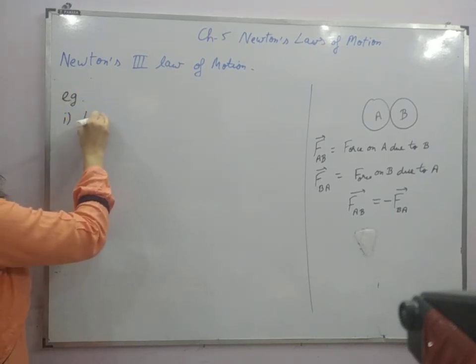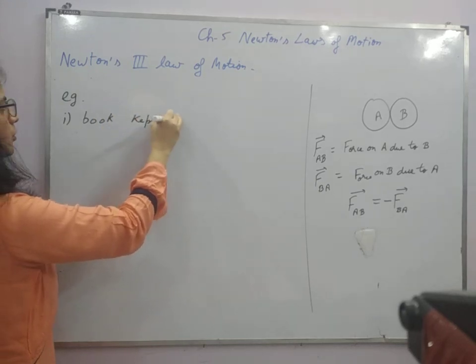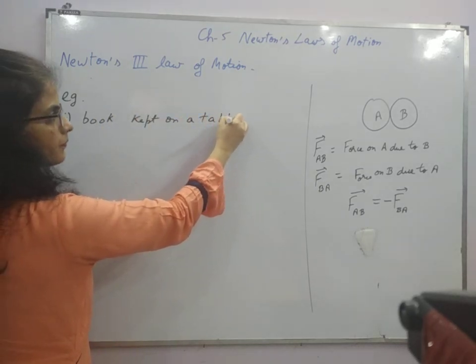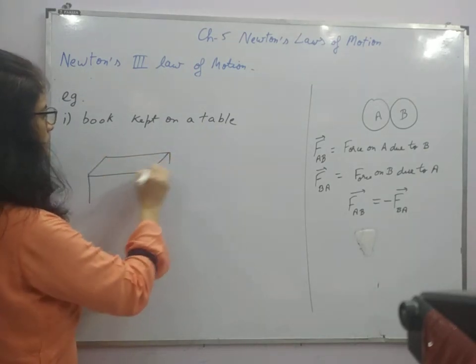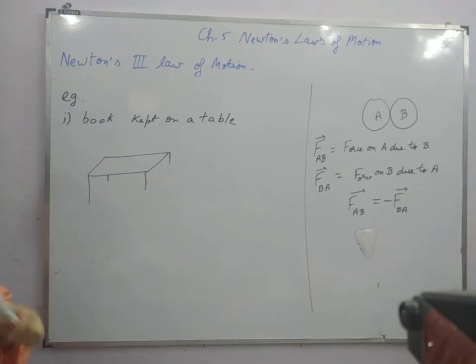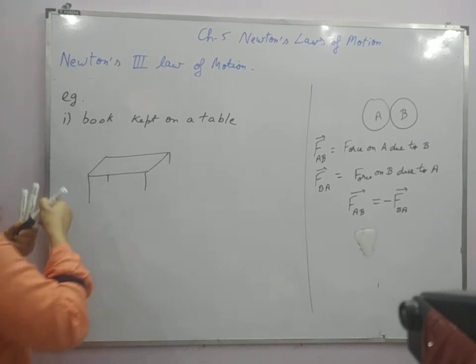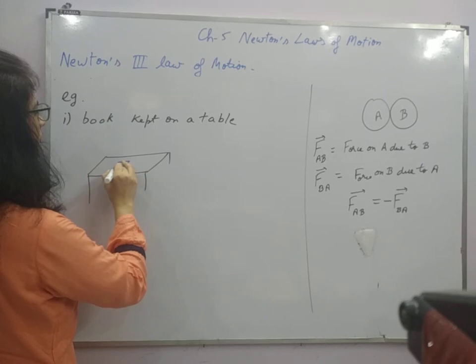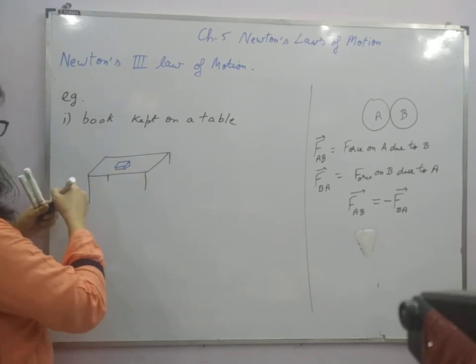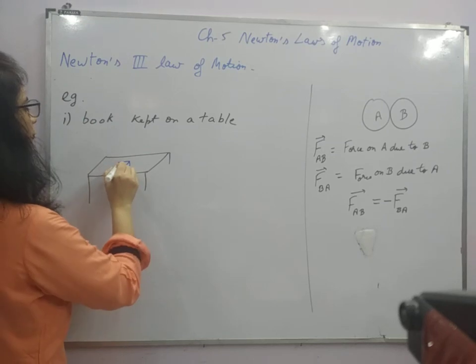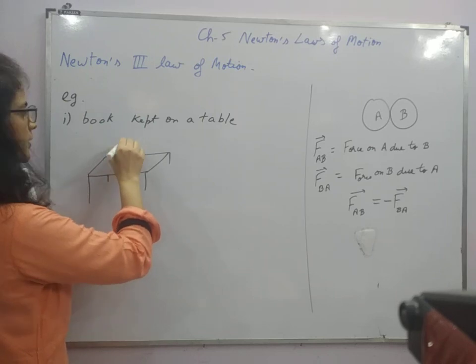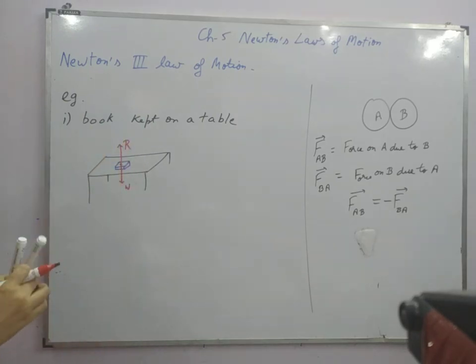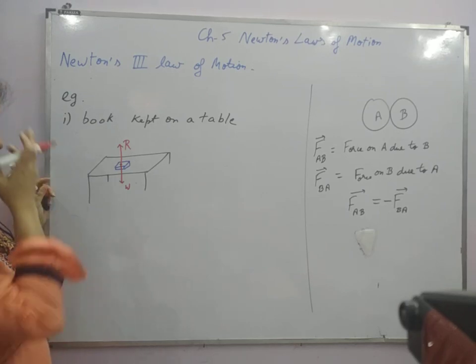Number 1, a book kept on a table, right? So if I talk about this table, and a book is kept here, then if W is the weight of the book acting downwards, the reaction force, which is called the normal reaction, is the force acting upwards, right?